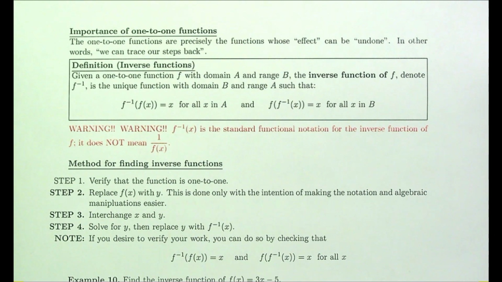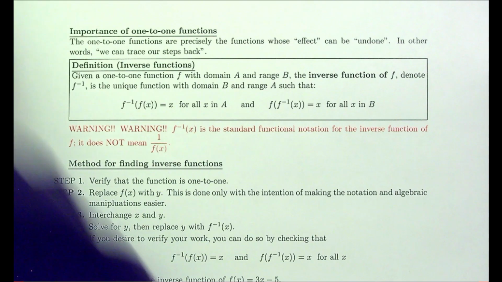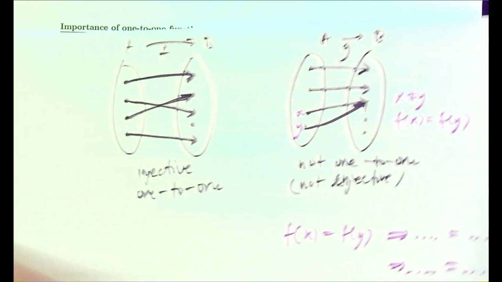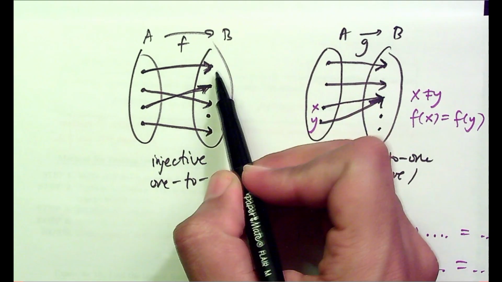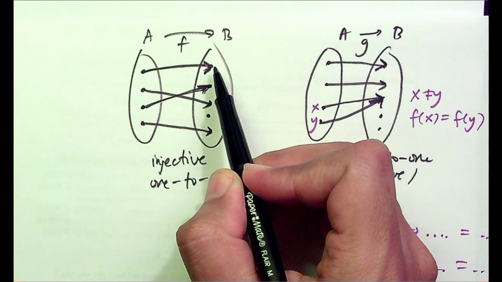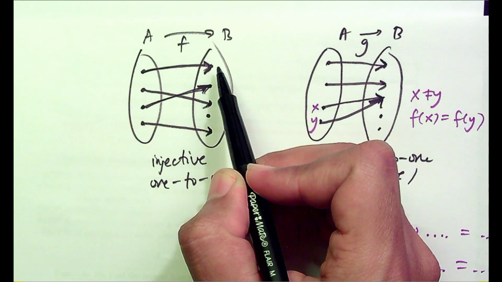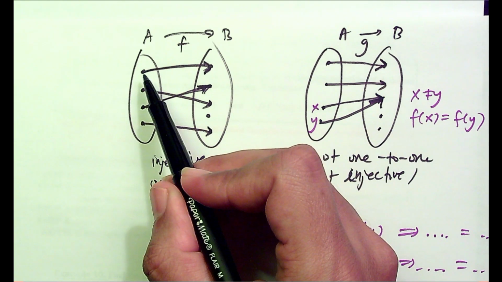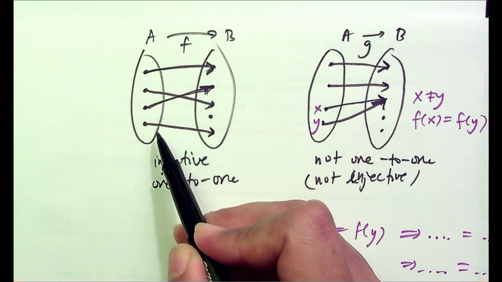If you give me the output, I can tell you without any doubt whatsoever what was the original input. So for example, if this was my graph, my function, if you told me that the output is this, and I know what the function is, I would have no doubt in my mind that the input was that. If you told me that the output was this, I could tell you that the input was that.